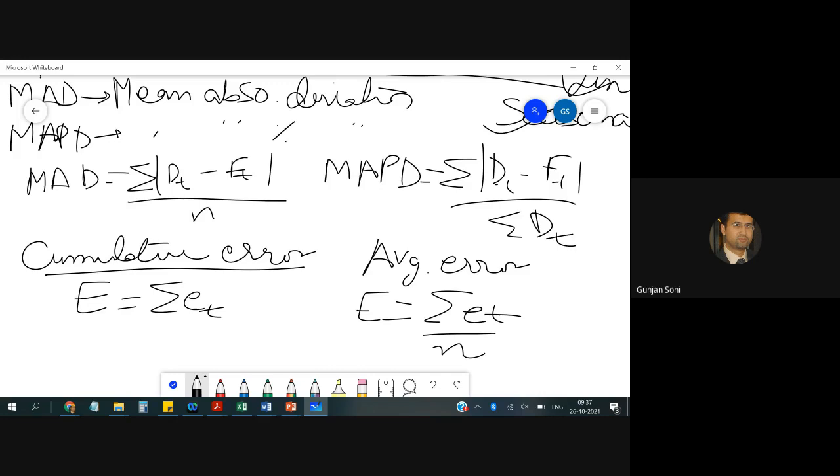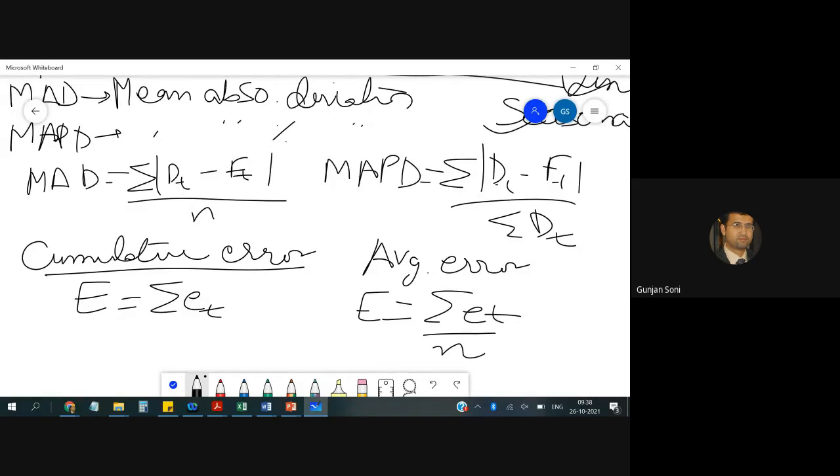Now, can you tell me why do we take modulus in the previous ones, mean absolute deviation or mean absolute percentage deviation? Forecast may be more than the demand, so avoiding the negative values. Yeah, so in a way, if you don't take modulus, there is a chance that the overall error, if you consider the algebraic sign, may cancel out each other.